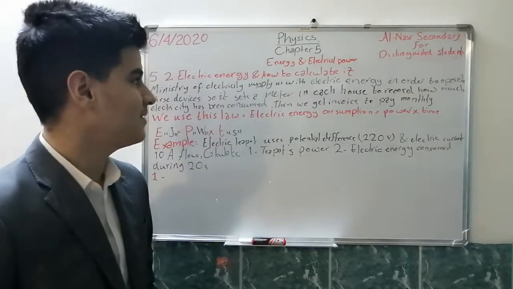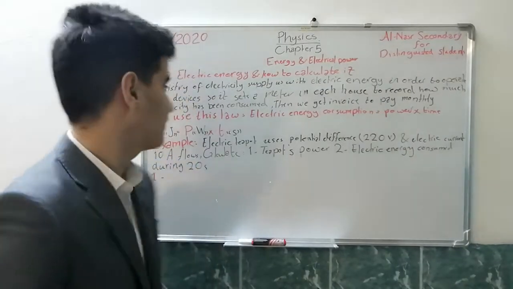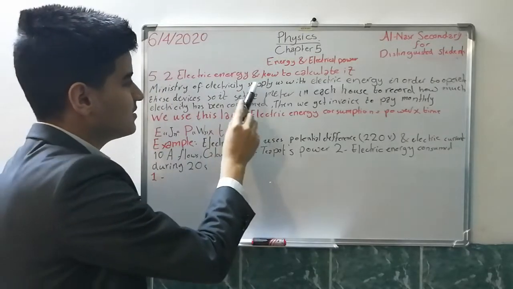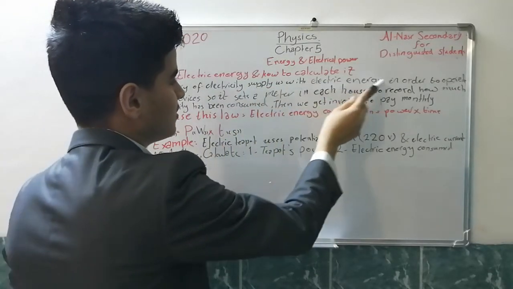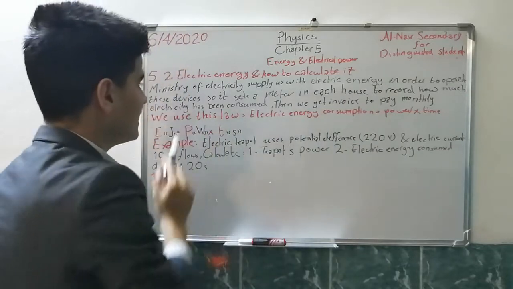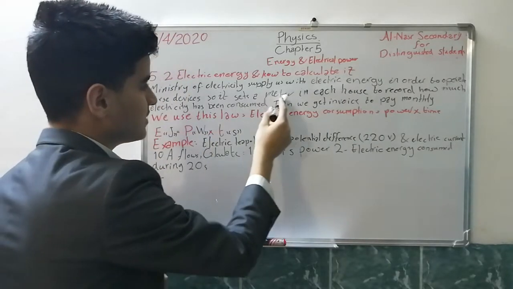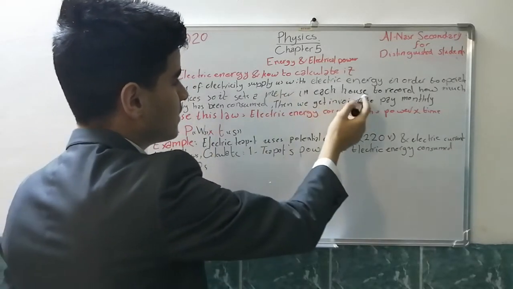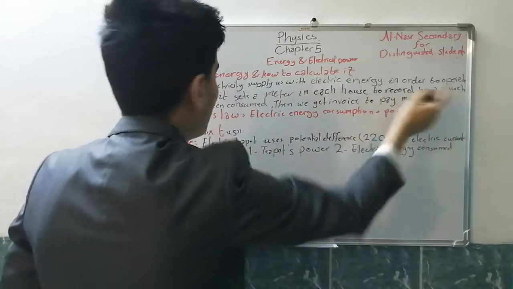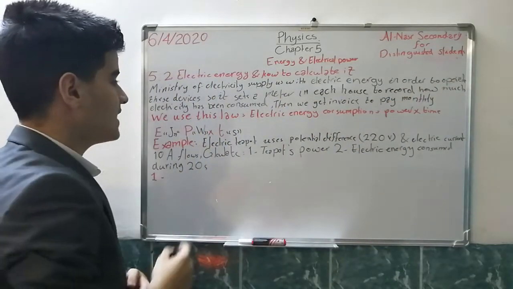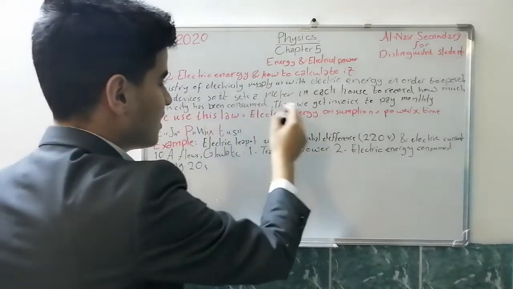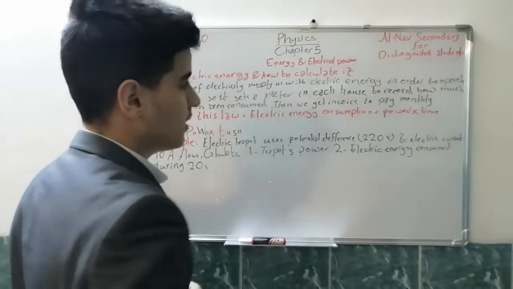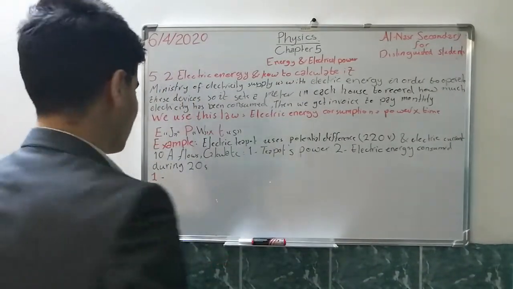Now we get to electric energy and how to calculate it. The Ministry of Electricity supplies us with electric energy in order to operate these devices. So it sets a meter or a device in each house in order to record how much electricity has been consumed. Then we get an invoice to pay monthly.